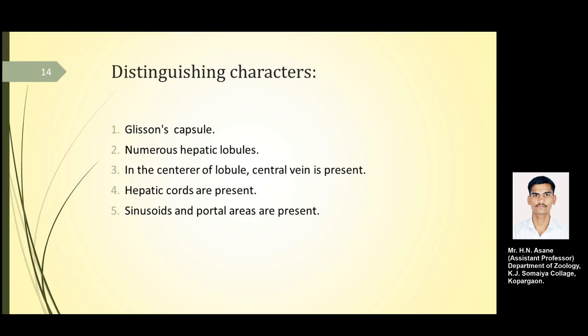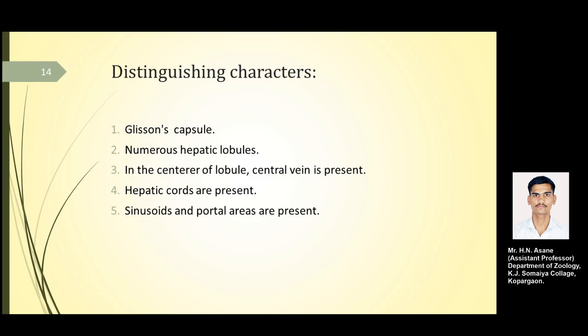So the nerve supply is present in the liver. The nerve supply is given by non-medullated nerve fibers derived from the parasympathetic and sympathetic parts of the autonomic nervous system.